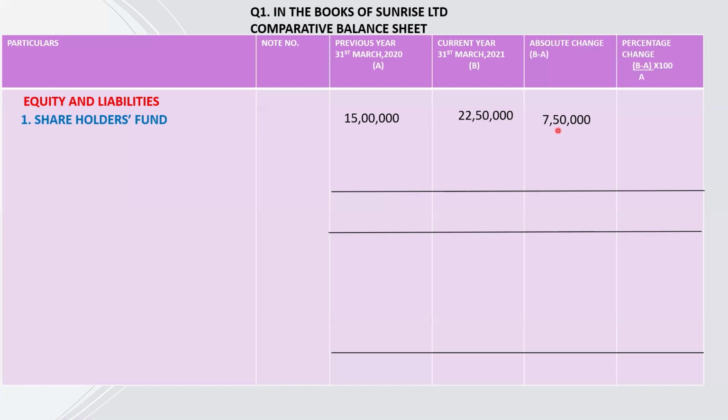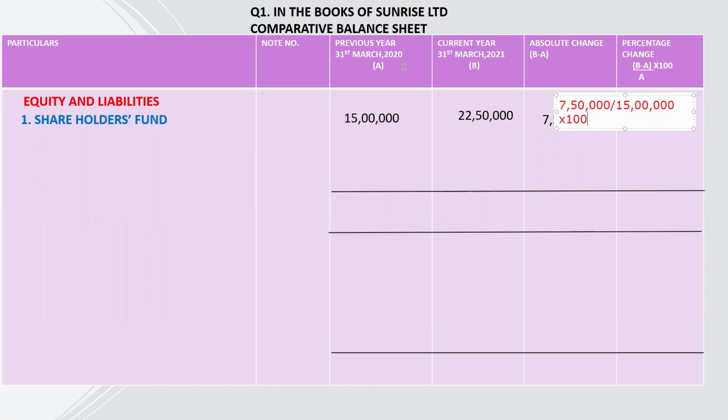Now this absolute change of 7 lakh 50,000 will be divided by 15 lakh and multiplied by 100, so as to know the percentage change.